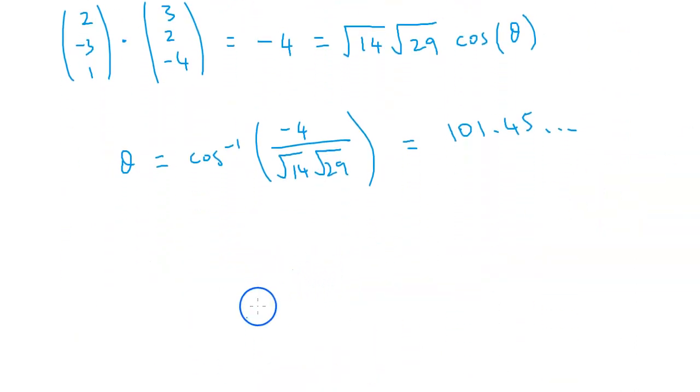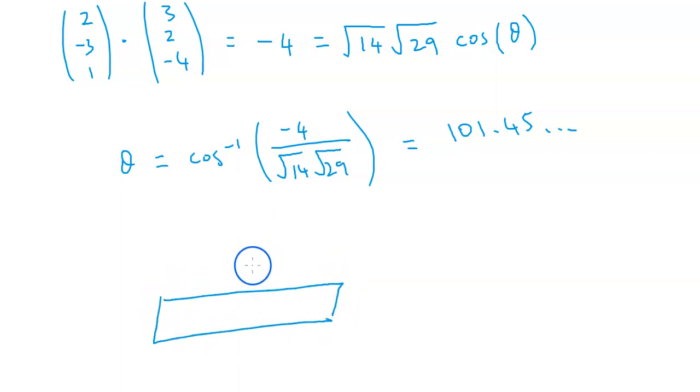So if we have our two planes that look like this, and the other one maybe looks like this, then it intercepts along this line here. Get the idea? Then what we have calculated is clearly this angle here, which is 101.45.